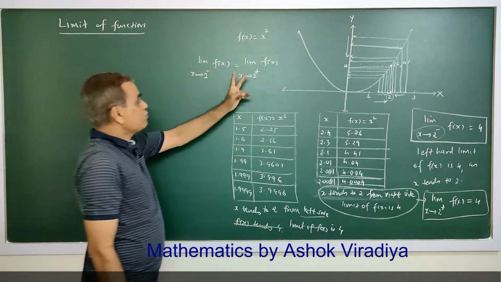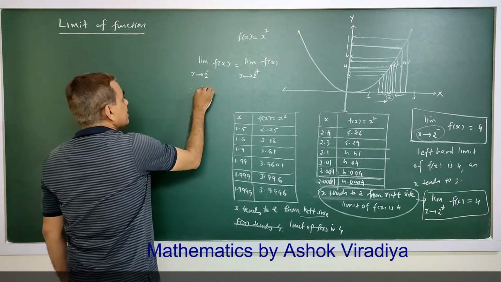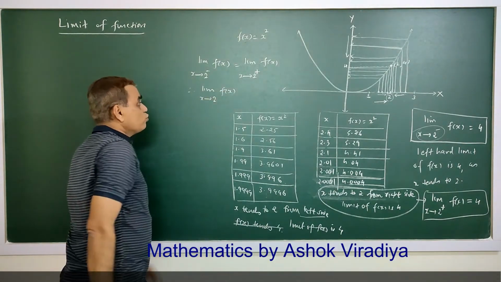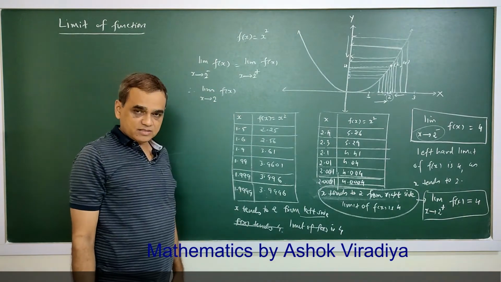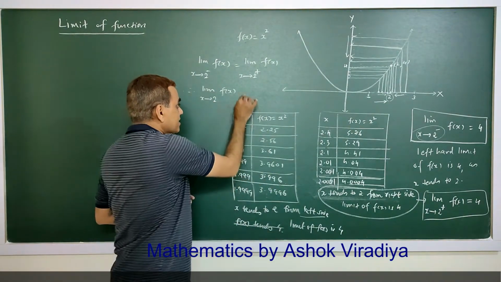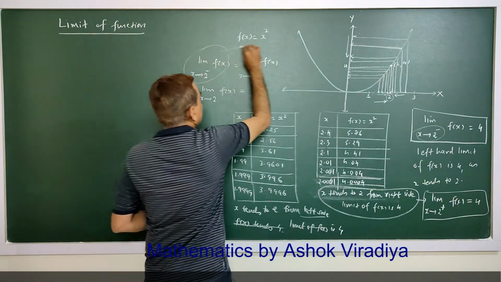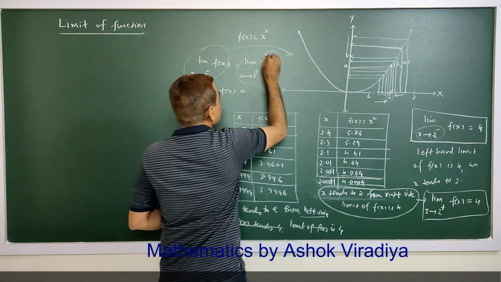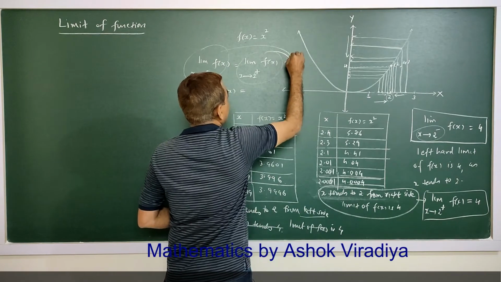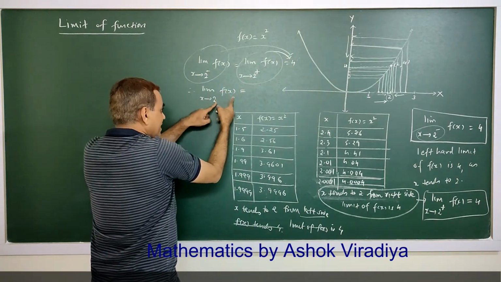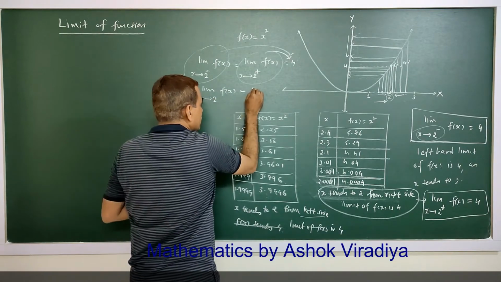Left hand limit is equal to right hand limit, so we say limit of f(x) as x tends to 2 exists, and it is, see, left hand limit is 4, right hand limit is also 4. This is 4, this is 4, so limit of f(x) as x tends to 2 is 4.